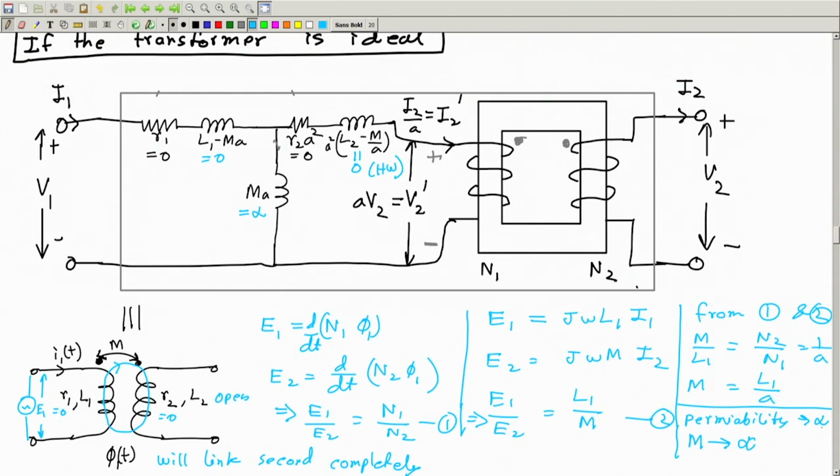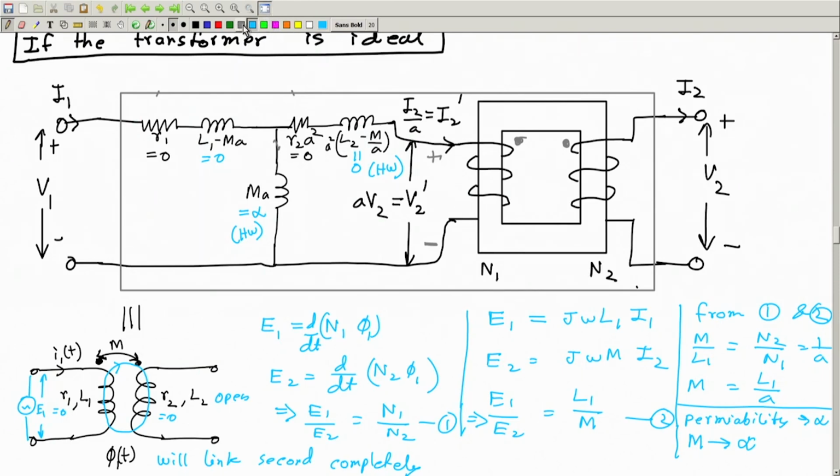So if permeability is tending to infinite, you can show M is tending to infinite. Okay, so let this also be homework. If permeability is high, then this is infinite, and then you see this is 0, this is 0.